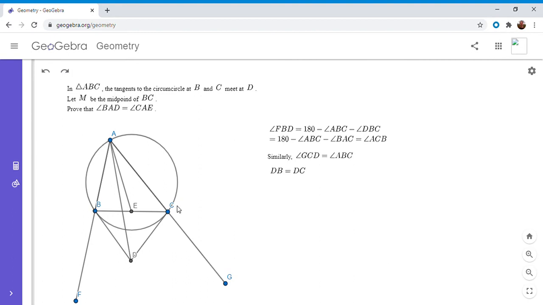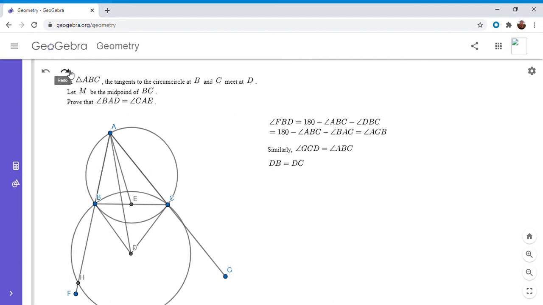So what we can actually do then is draw a circle through B and C, or I should say a circle centered at D, passing through B and C. And I'm going to let it meet these two lines at two different points. I just moved the diagram to make more room, H and I.